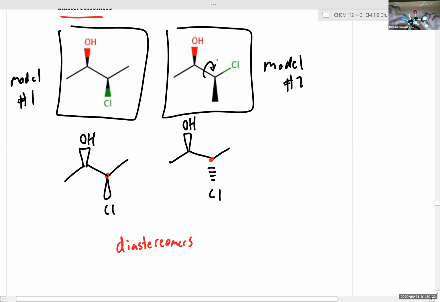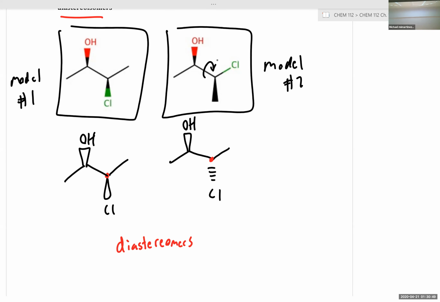So we started off with the following model 2. This is our depiction of the structure on the right, and we rotated our carbon-carbon bond, so our structural skeletons were drawn in the same manner. The skeletons are identical. We then look at our chlorine and we assign whether it's pointing out of the page or into the page. We see it's pointing into the page.